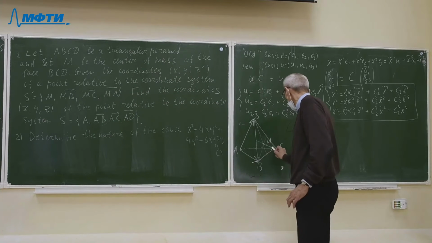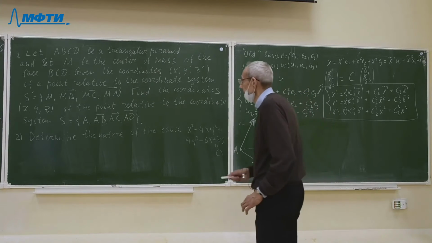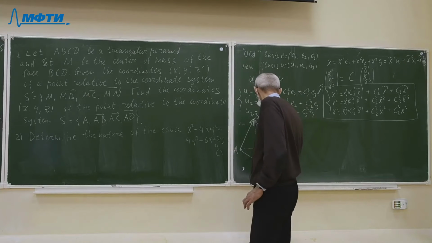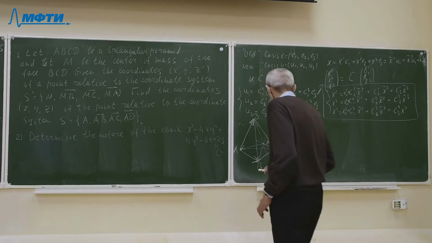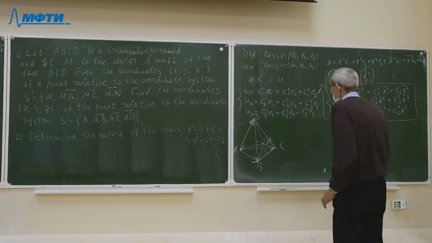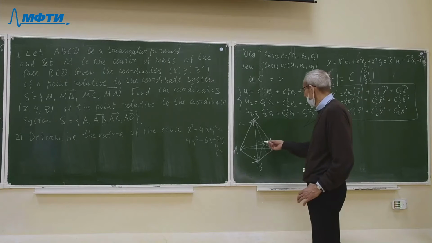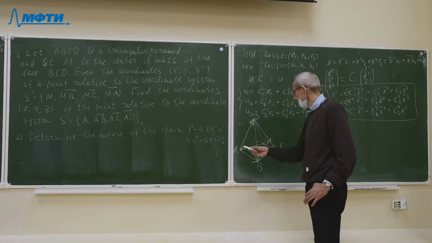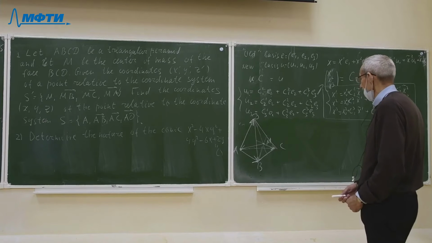We can express these vectors MB, MC, MA in terms of the vectors AB, AC, AD.